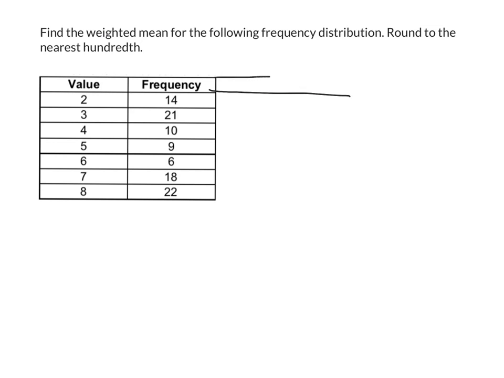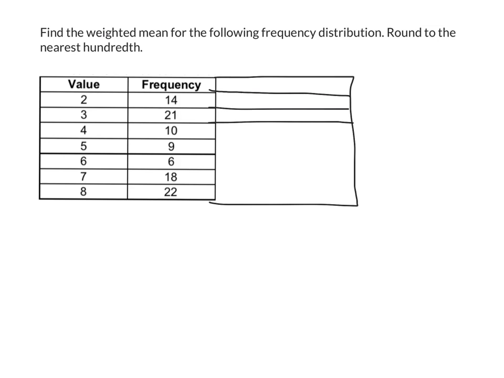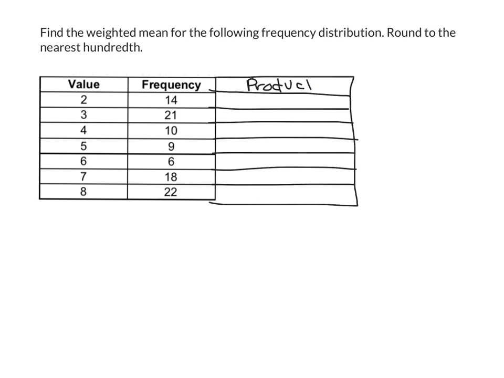So I'll just create a third column here, and this is going to be my product column. And remember, the product is the answer to a multiplication problem. So that means that I'm going to multiply the value times the frequency to get the product.